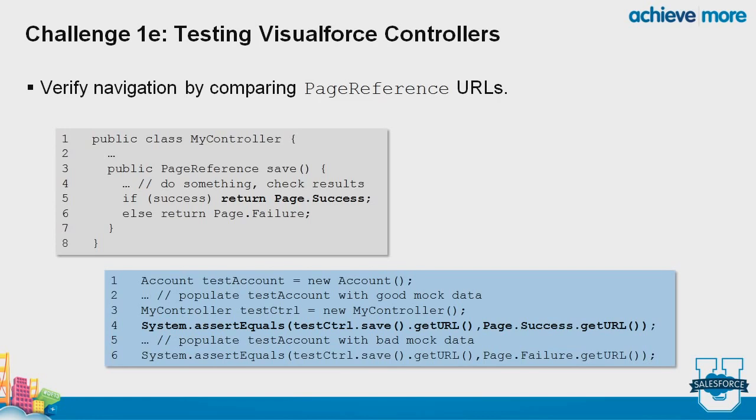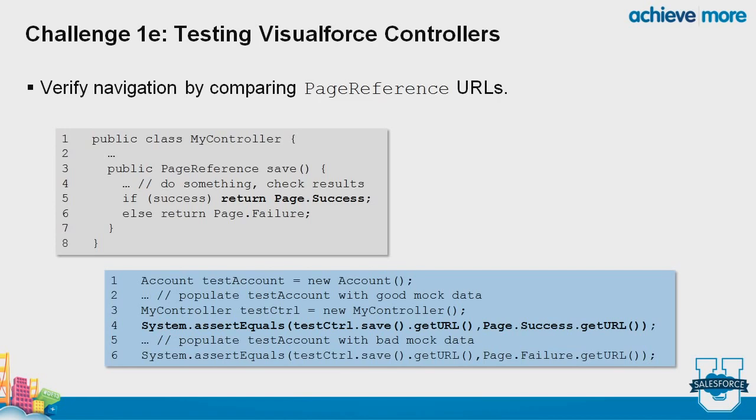Line number 5, you're going to assert that the value that you get back is the page that you think you should be getting.